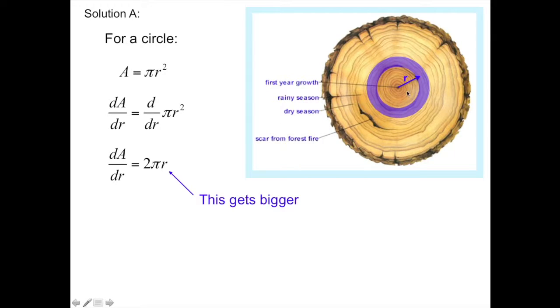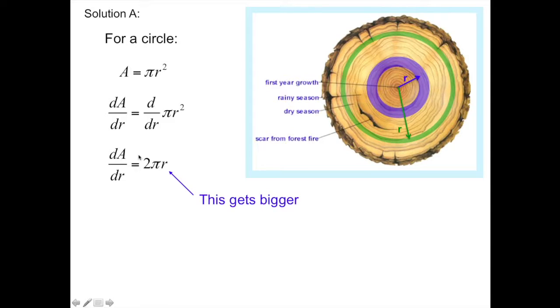So we count the rings out here, 1, 2, 3, 4, 5, 6, 7, 8, 9. So we look at this region between a set of rings, and that's how much growth occurred in that year. So as we look out to a later year, this number is going to get bigger.